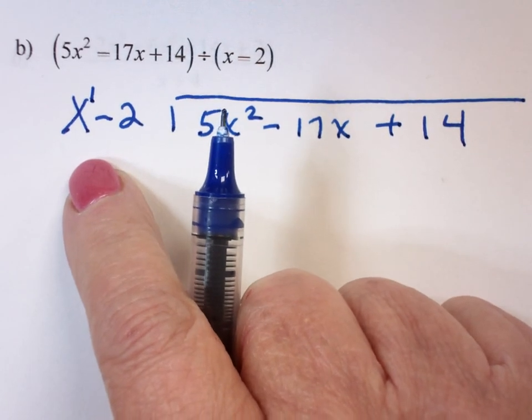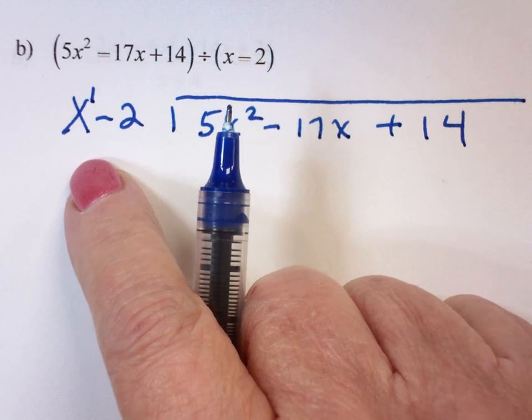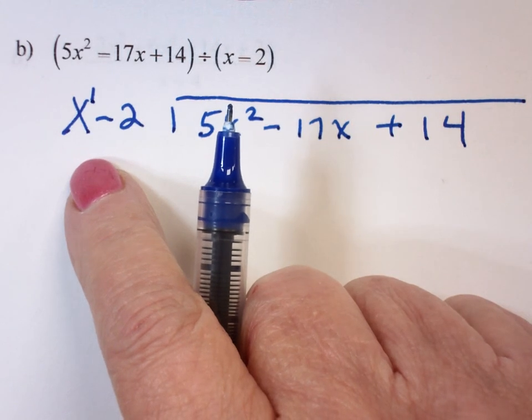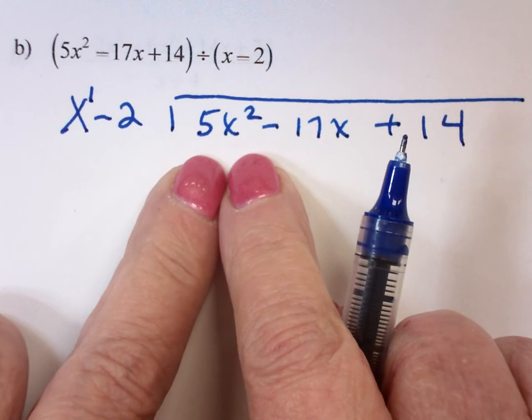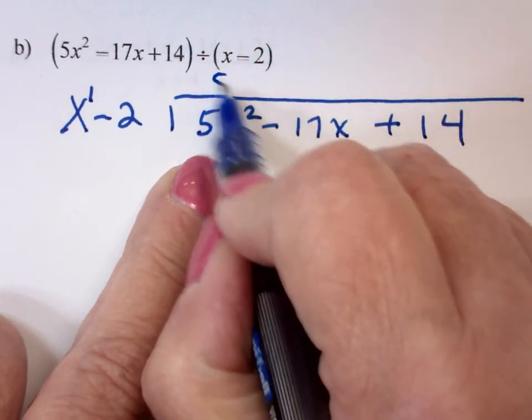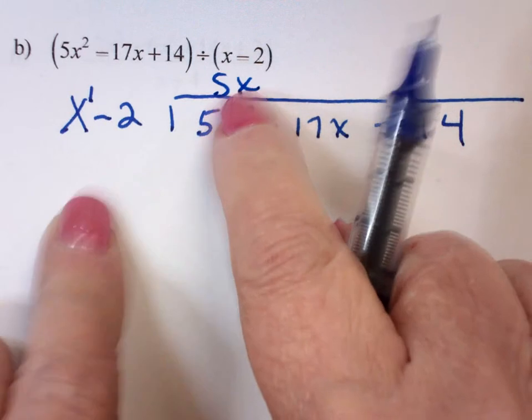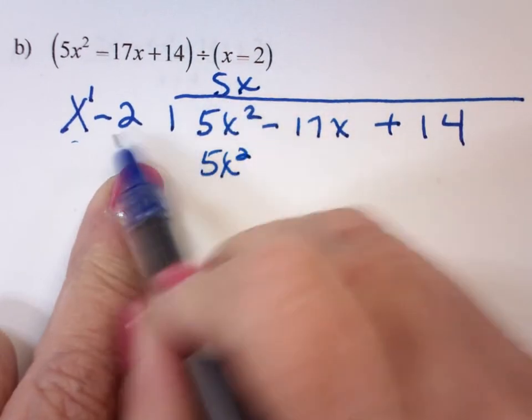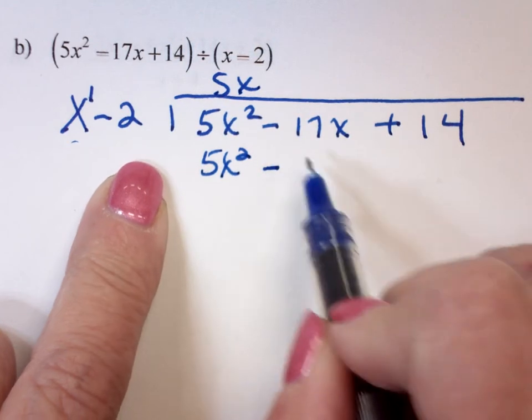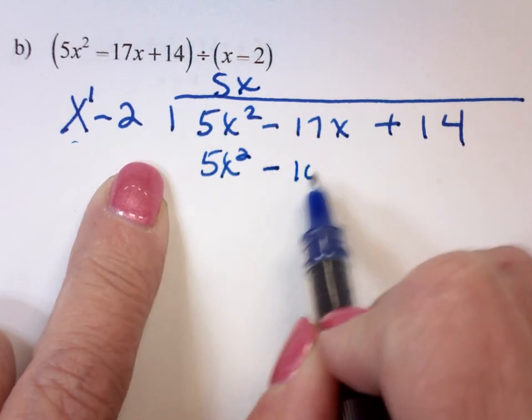Unless I have a remainder that is a constant, I'm not done. So what do I multiply x by to get rid of 5x squared? You would be 5x. So 5x times x, 5x squared, 5x times minus 2, minus 10x, and now you do what?